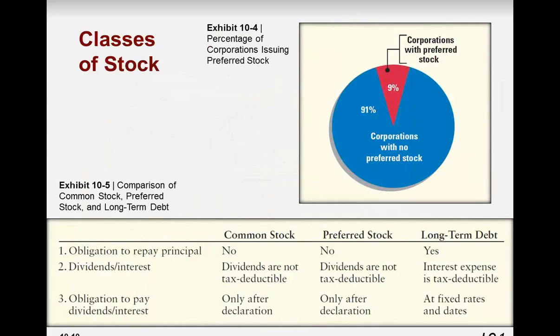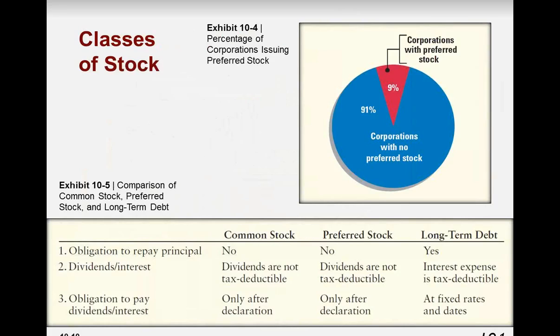One of the things to think about is what is the difference between issuing stock and borrowing, like issuing bonds or borrowing a long-term note. With common stock, you do not have to repay it. Dividends are not tax deductible, and you only have to pay them after the declaration.